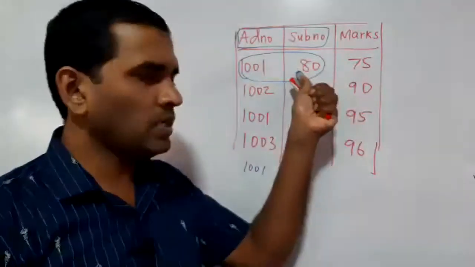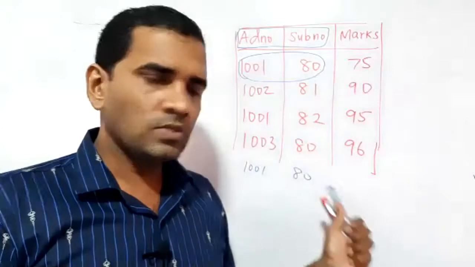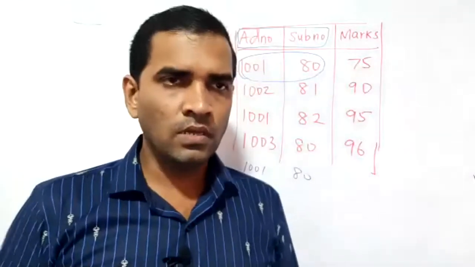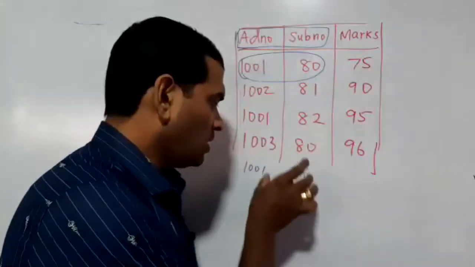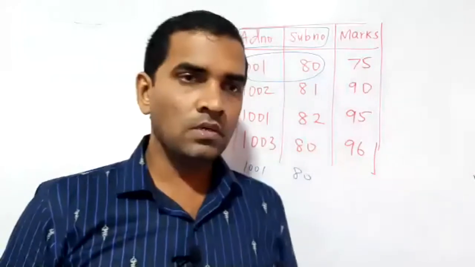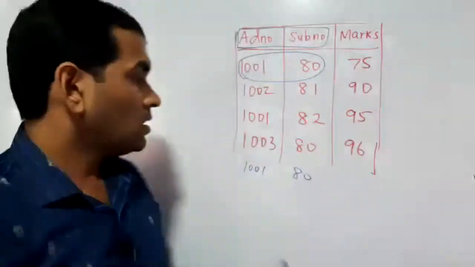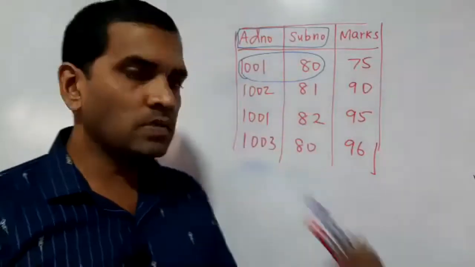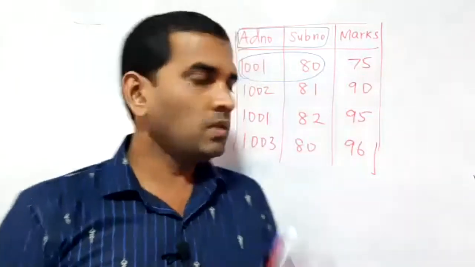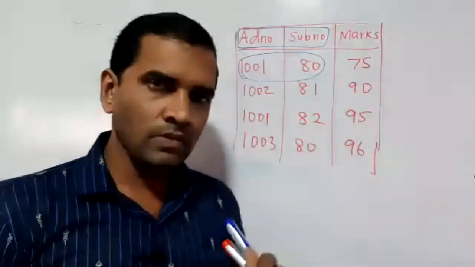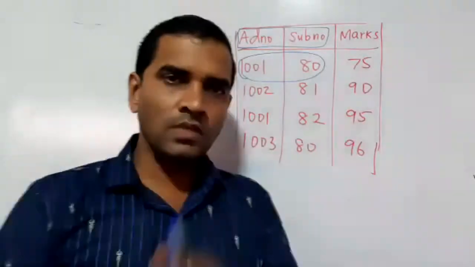So if it is 80, that is one subject. That student never sits for the same exam again. So now I can confirm that these two data will never be repeated. If it is not repeated, even the others are also not repeated. 1081 will never be repeated. 1182 will never be repeated. 1380 will never be repeated.